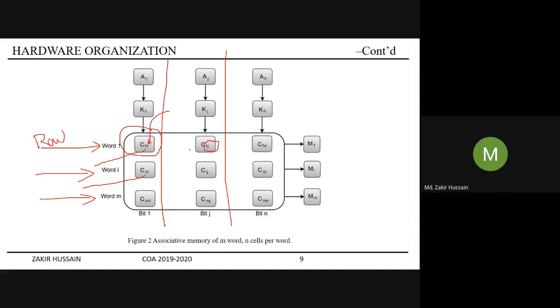Now suppose, in a row, in a word, how many bits are there in total? Can someone acknowledge? I shouldn't be waiting much time. Someone unmute and tell how many bits in a word.